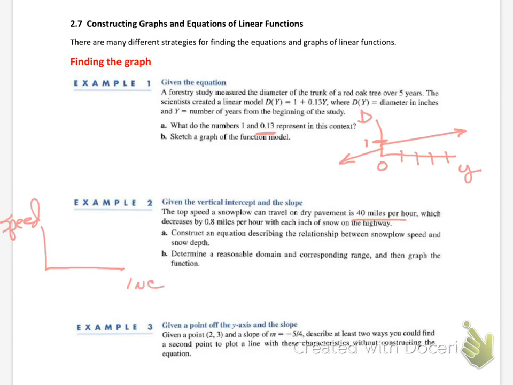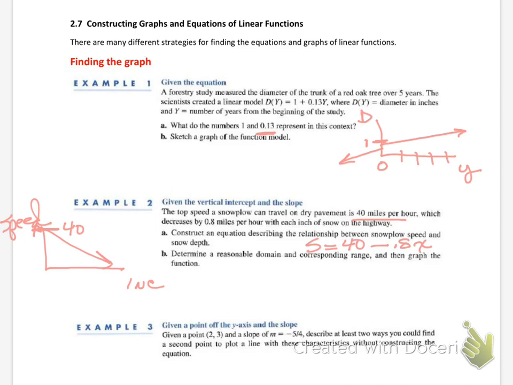If the top speed is 40 miles an hour and that's going to decrease, it's going to look like this, with this being 40. Construct an equation describing the relationship between the snowplow speed and snow depth. Okay, so speed equals 40 minus 0.8x. Determine a reasonable domain and a corresponding range.